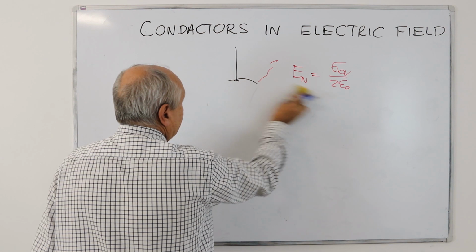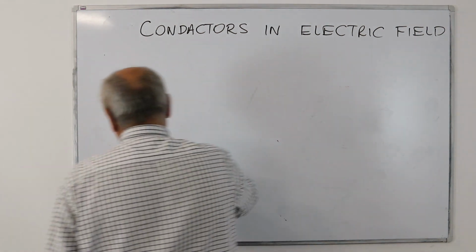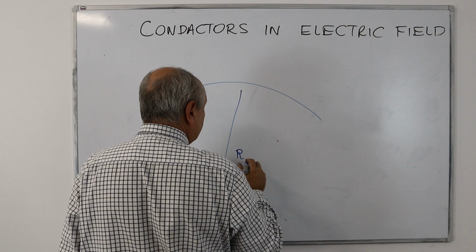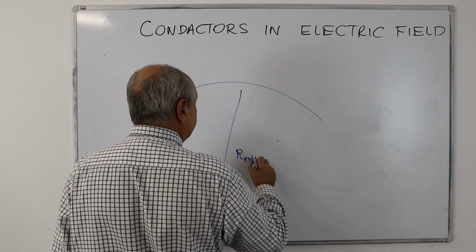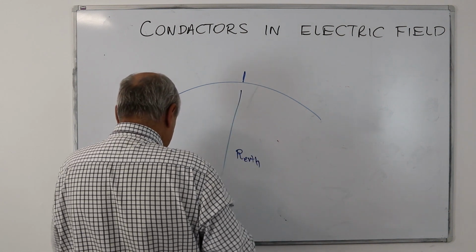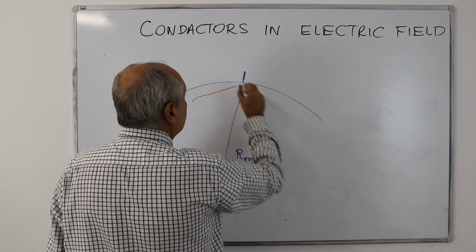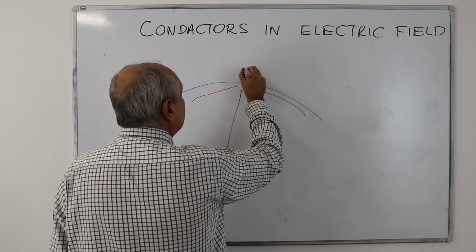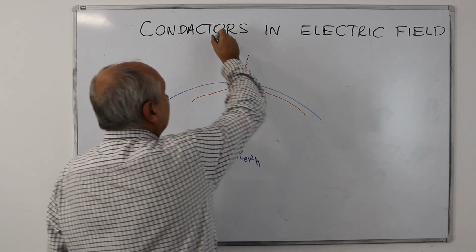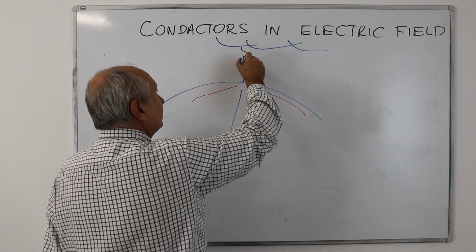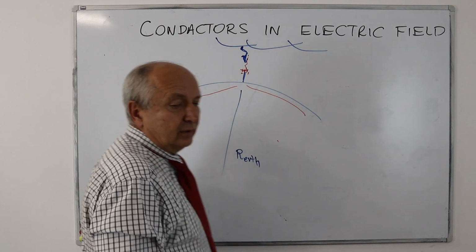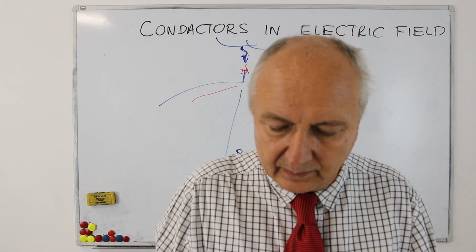Another practical aspect of this phenomenon. This is the Earth with the radius of Earth. And here we have the peak. So the charges go here to the peak. Here we have very high electric field intensity, and we have breakdown of the air, breakdown of the atmosphere.